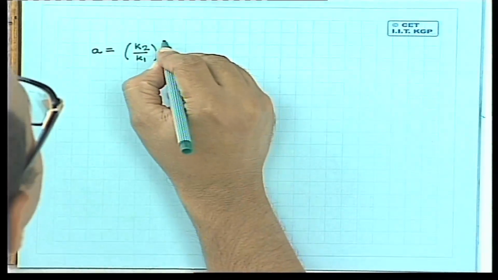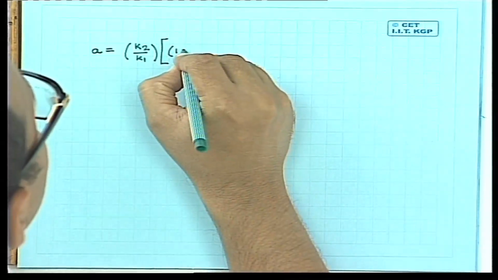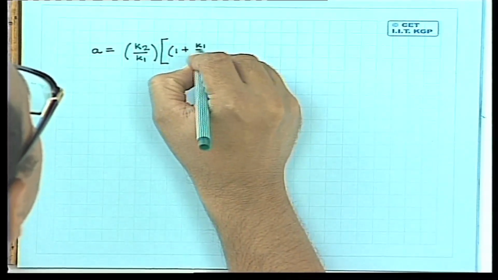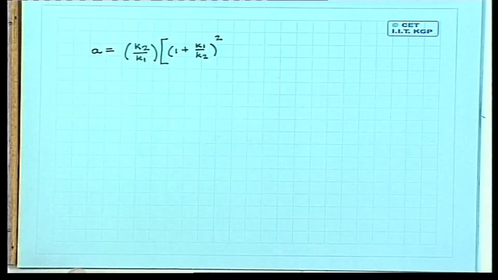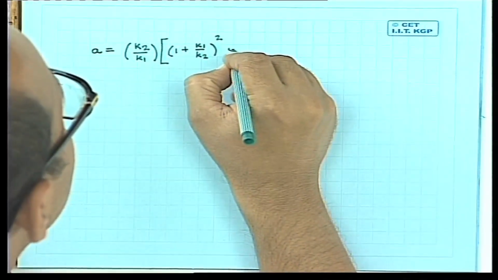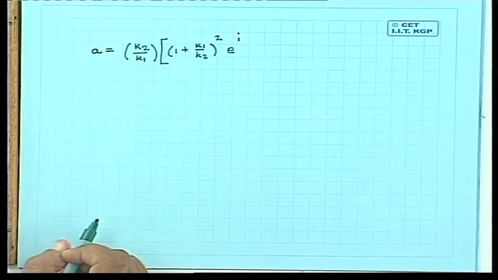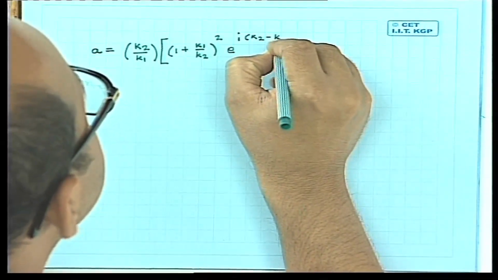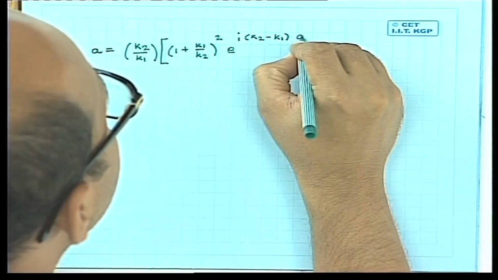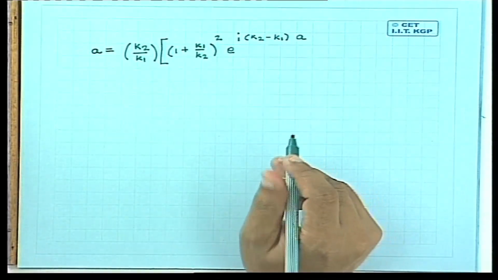C square is nothing but 1 plus k1 by k2 whole squared, and we have e to the power I delta 1 prime, which is k2 minus k1 into a, minus d squared.